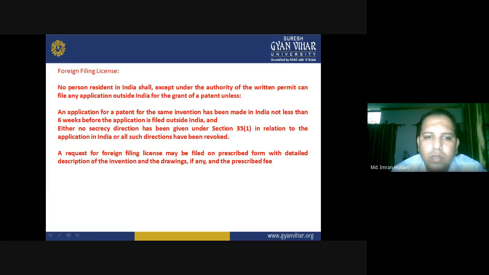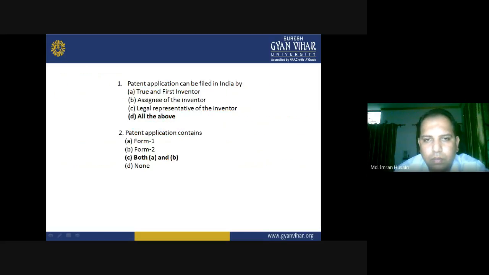A request for a filing license may be filed on the prescribed form with a detailed description of the invention and the drawings, if any, with the prescribed fee.